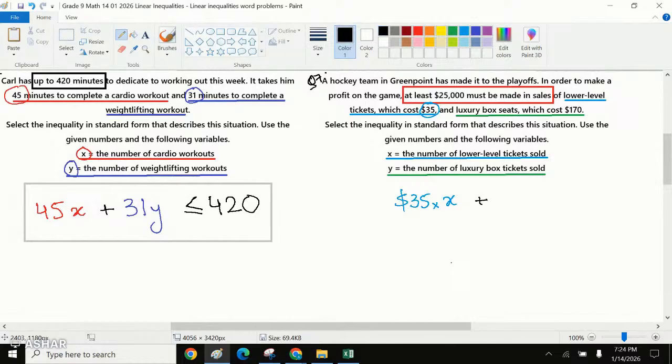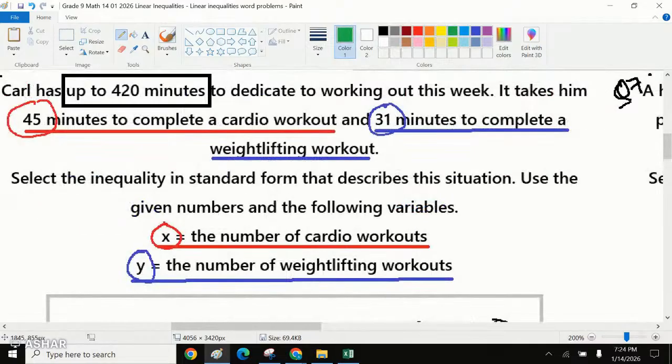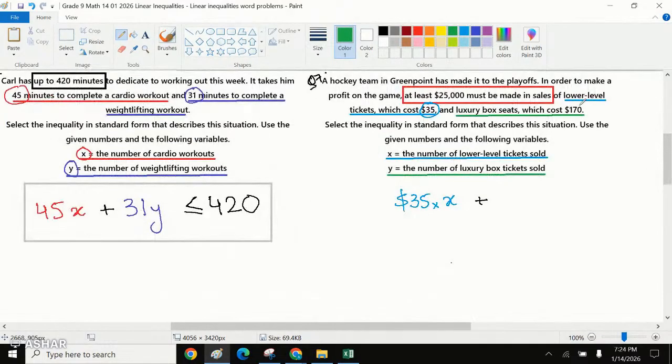Plus the upper box, which was $170 per ticket. So this is how we can find the sales: X, the number of lower level tickets, multiplied by 35, plus Y multiplied by 170.